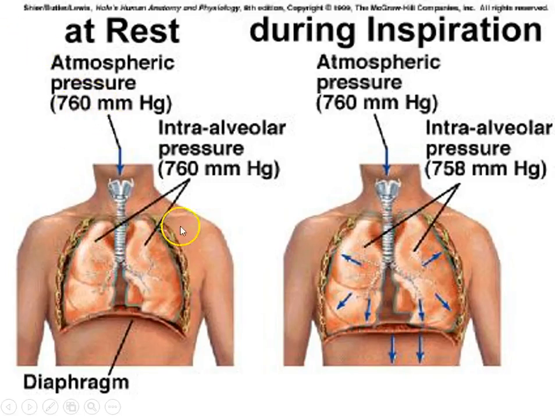Okay. So here in this first picture, the pressures are equal. If they're equal, there's no net movement. In this second one, during inhalation, the pressure's lower in your lungs, higher outside. So it moves from high to low, moving in.